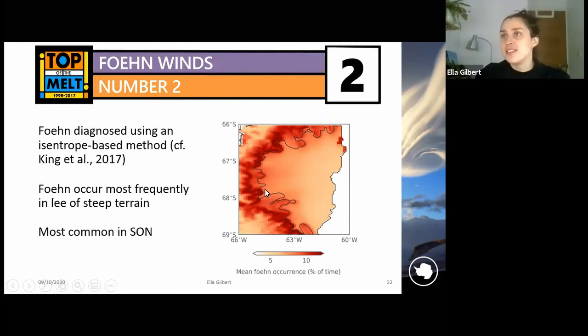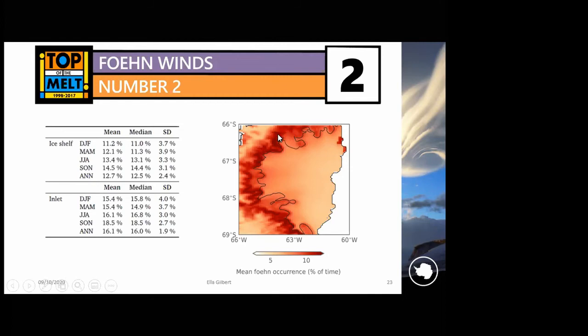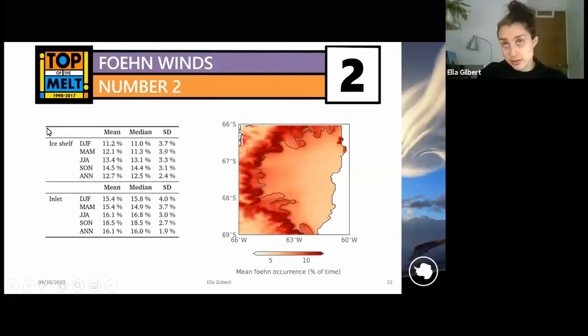But the most important thing to see from this plot, and also from this table, is that foehn occur most frequently in the immediate lee of mountains, in the steep terrain. So the darkest colors are in the inlets, and we can also see this in the data.